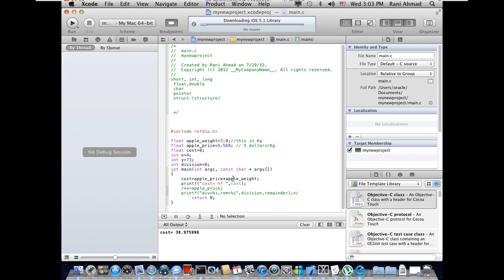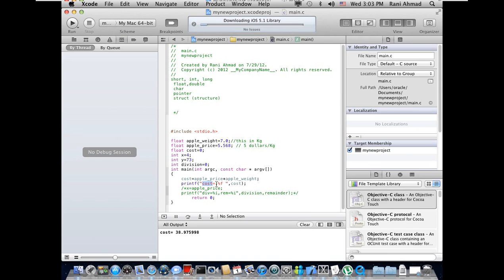You can, for example, later if you want to do addition, you put plus; subtraction, put minus; division is this. So this is basically it.